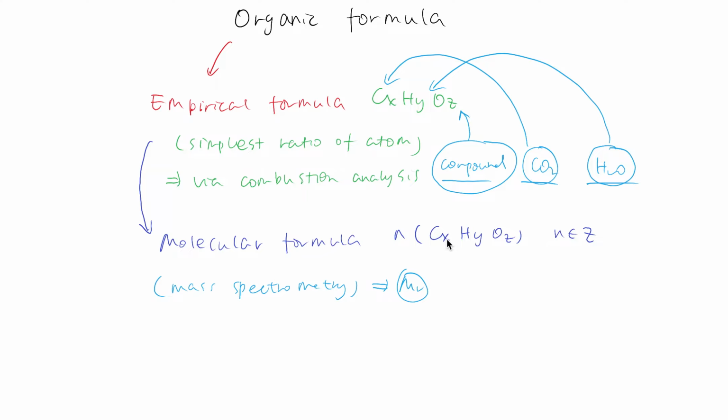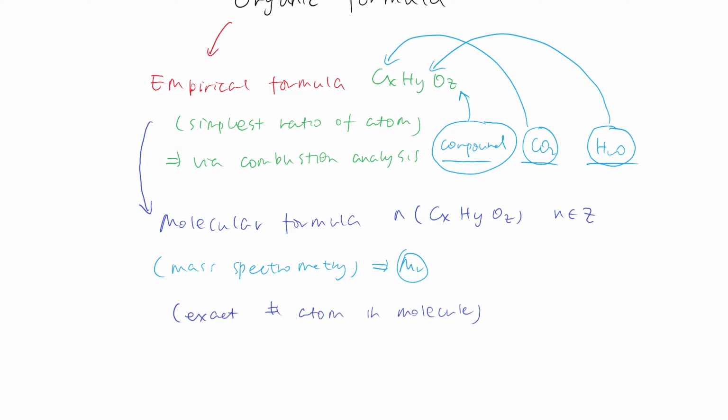Once you get the molecular formula, it tells you exactly the number of atoms in the molecule. So you know how many hydrogens, how many carbons, and how many oxygens you have.